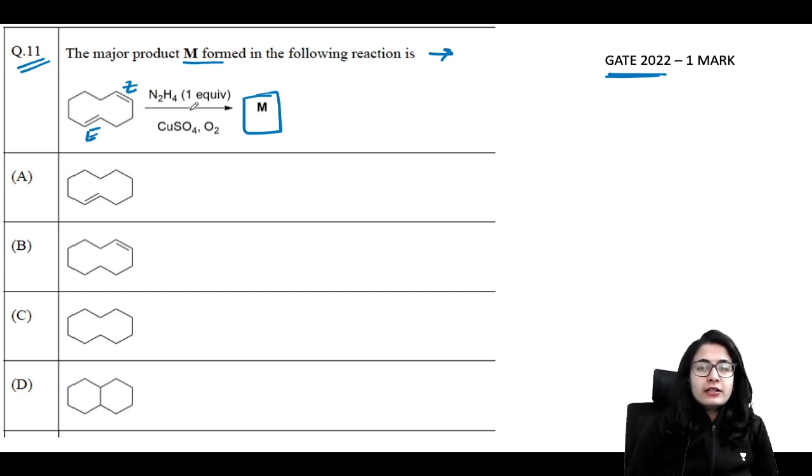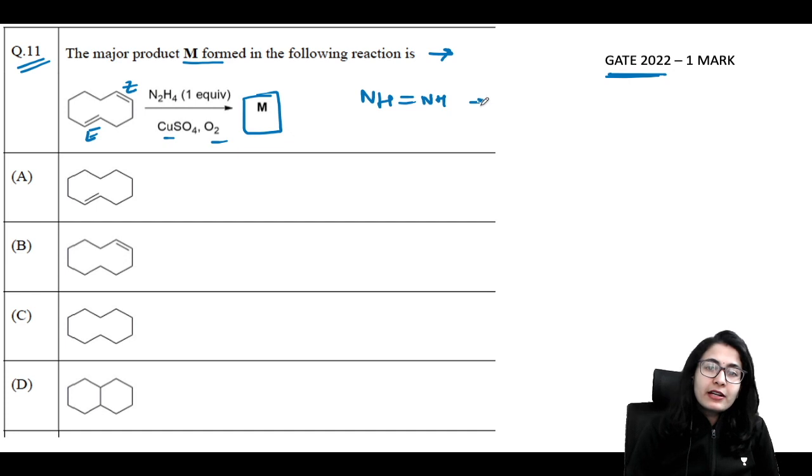All right, so in the presence of hydrazine and oxygen, copper sulfate, this is basically a reduction reaction. So in the presence of this reagent, what kind of reduction is this? It is diimide formation. Whenever you have hydrazine and there is oxygen in the presence of a transition metal, elimination of water molecules is going to take place, followed by diimide formation.